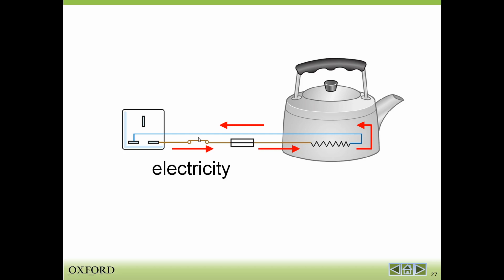Actually, the fuse is inside the plug, and this is the heater. It can generate heat, the thermal energy, and then the water will boil, and the electric current will go back to the main socket.